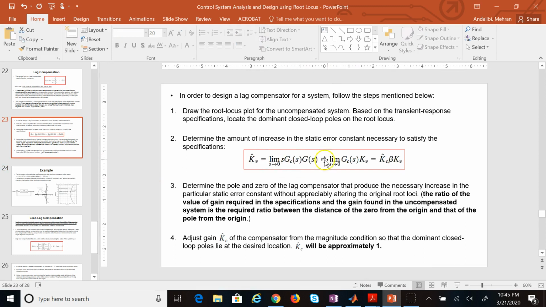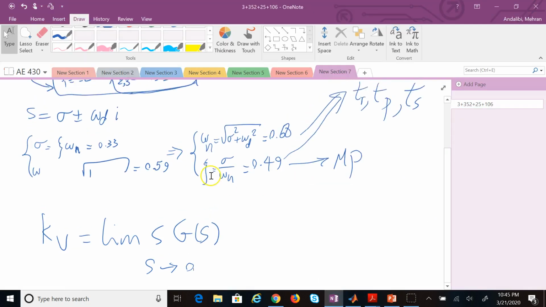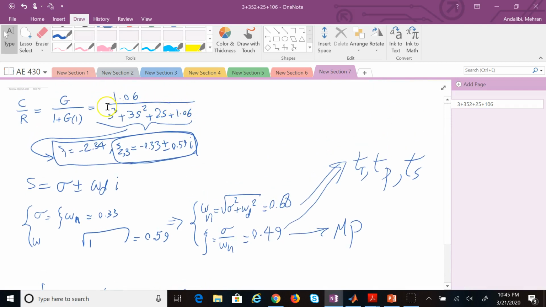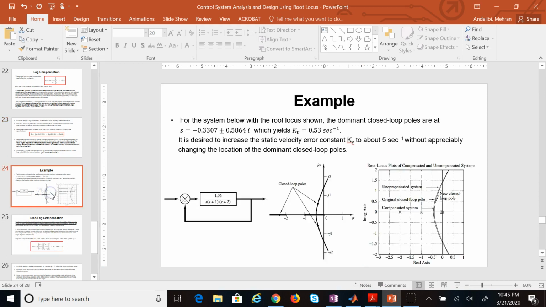Clearly you see the definition. And GS in our case is this guy here, not this one, the one in the example, which is this one, 1.06, right?